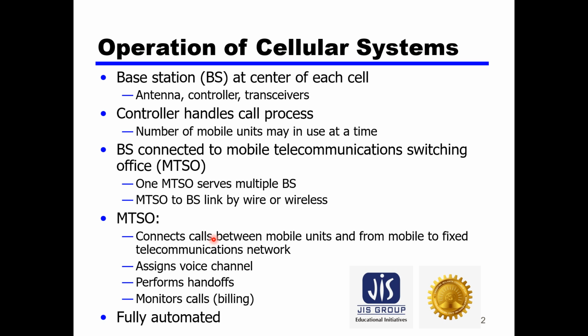And how can it be connected? Through your own BS to the MTSO, again from the MTSO to the receiver BS, and to the receiver end, like that. So that's why MTSO plays a vital role in that.